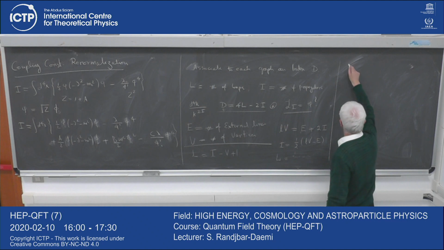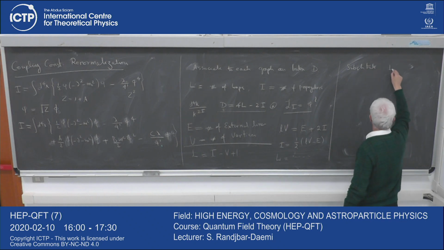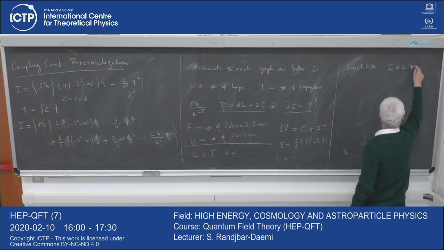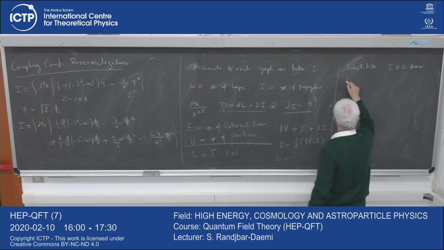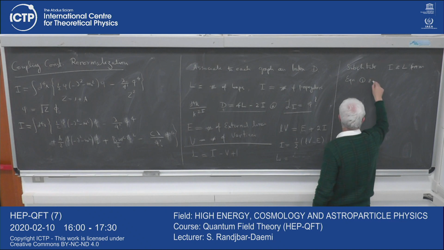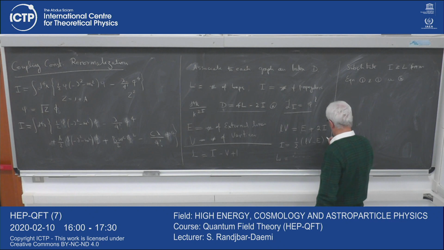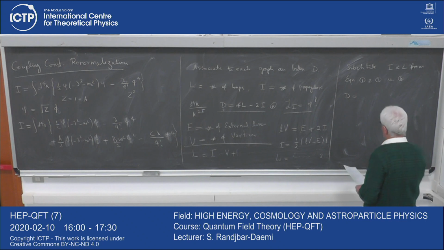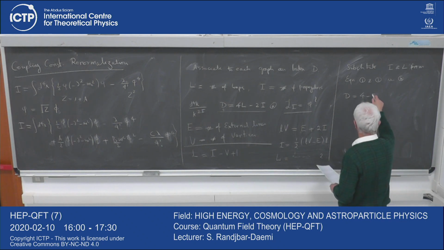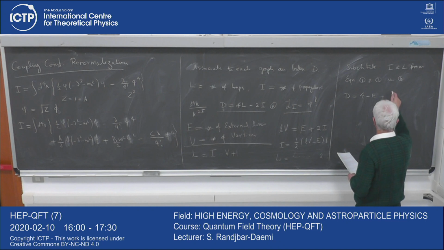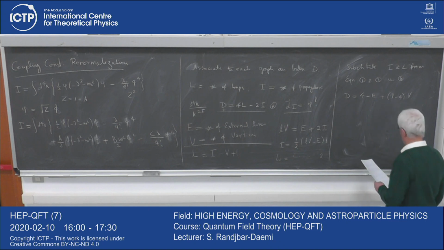So substitute I and the number of loops from equations 1 and 2 in star. This is 1 and this is 2. And do the simple algebra, the result will be D equals 4 minus E plus (L minus 4) times V.